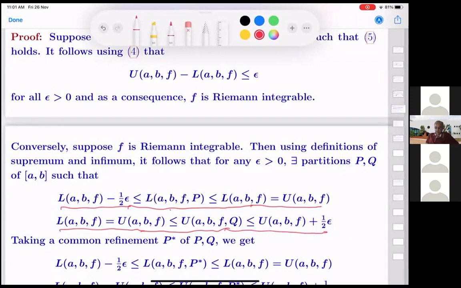So there will be a partition P such that the lower bound for that partition is between L and L minus half epsilon, and likewise there is the upper bound. There will be a Q such that the upper bound over Q is between U(f) and U(f) plus half epsilon. Now, you take a common partition between this P and Q. The property will continue to hold because L(f,P star) will be between L(f,P) and the supremum, and likewise.